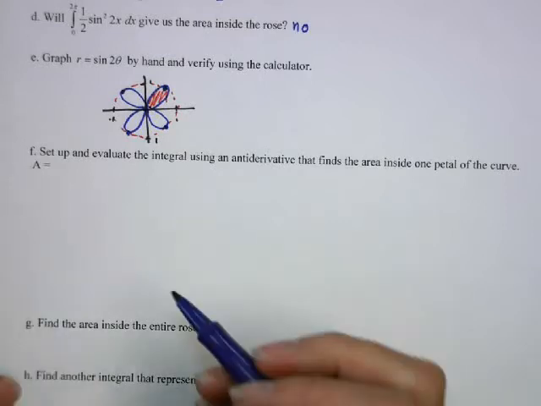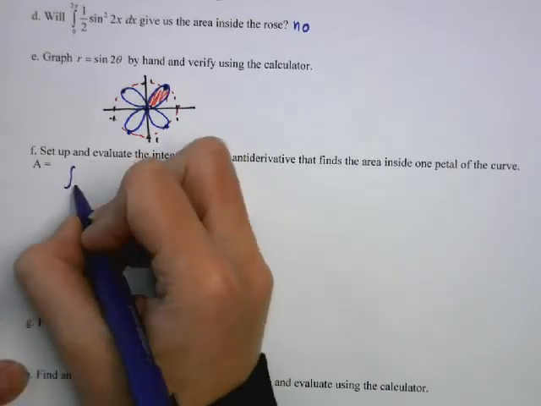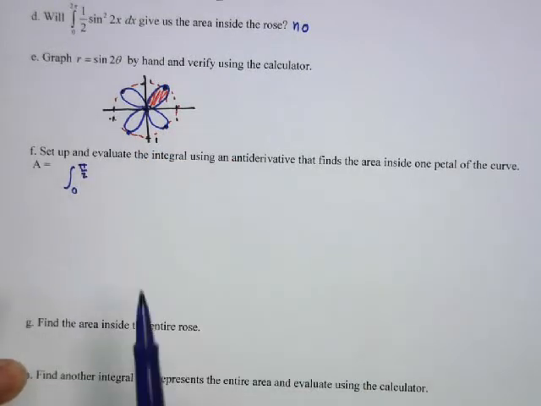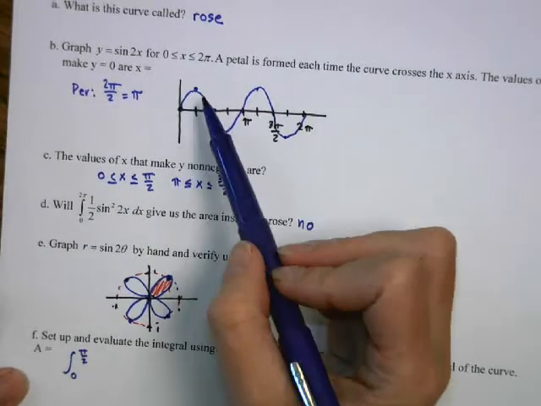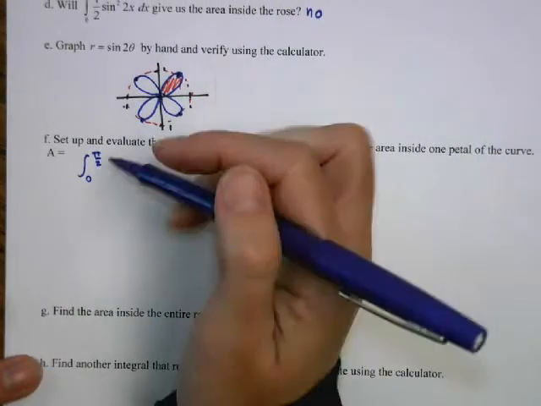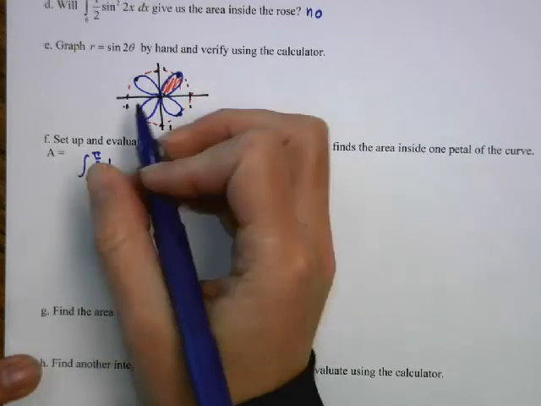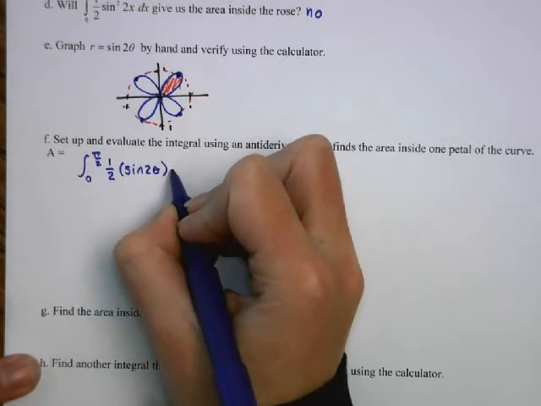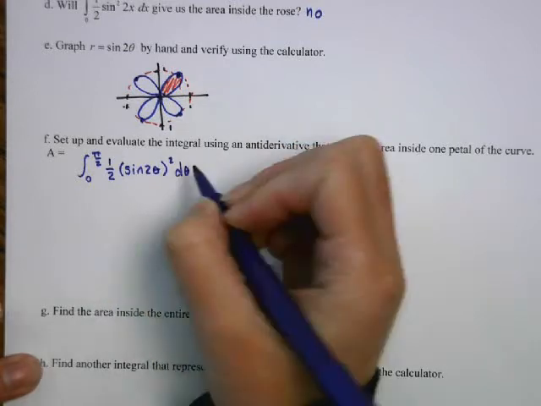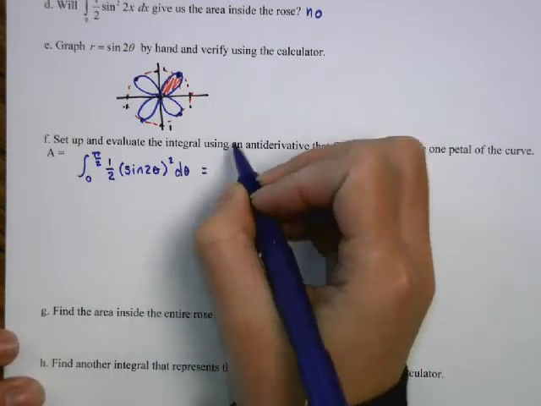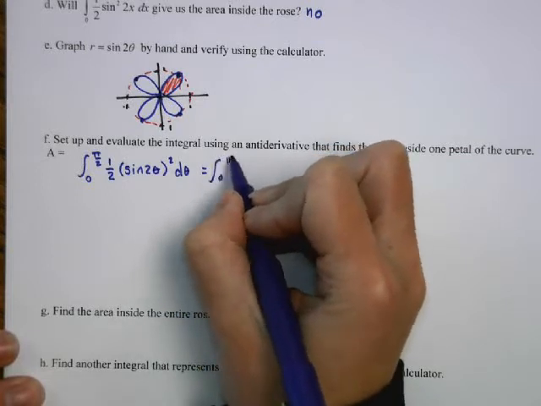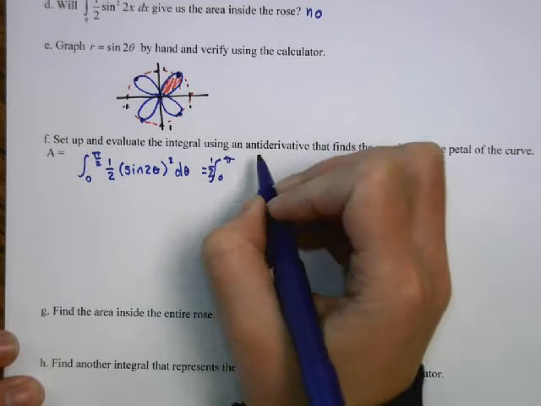So we're going to have the integral from 0 to pi over 2, because that's going to be the area for the first petal. 1/2 sine 2 theta squared. I'm going to put the 1/2 out front.